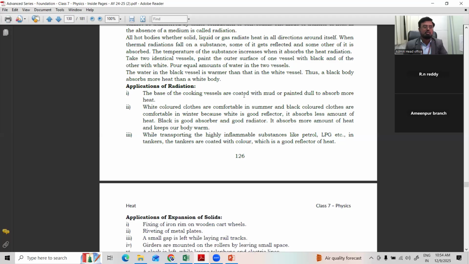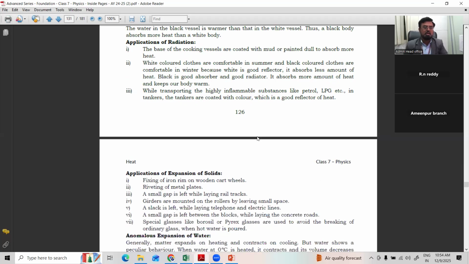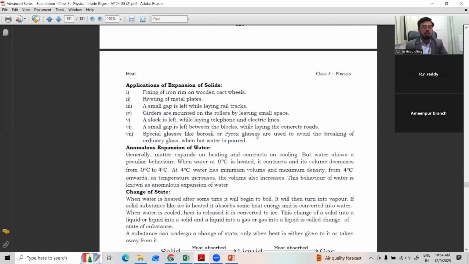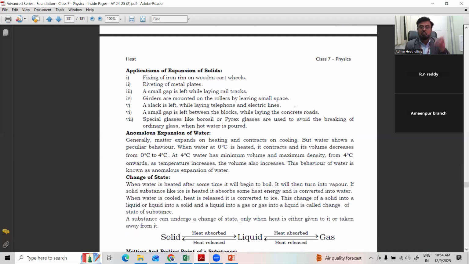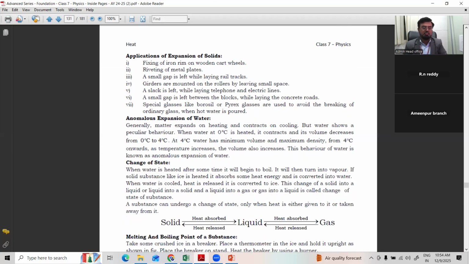It absorbs a less amount of heat. Black is a good absorber and good radiator. It absorbs more heat and keeps our body warm. It's commonly known, right? While transporting highly inflammable substances like diesel, LPG, etc. in tanks, the tankers are coated with a color that is a good reflector of heat so that they won't evaporate. Right? Up to that we learned.